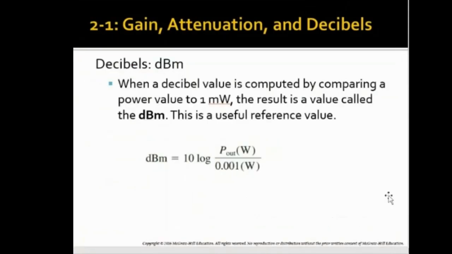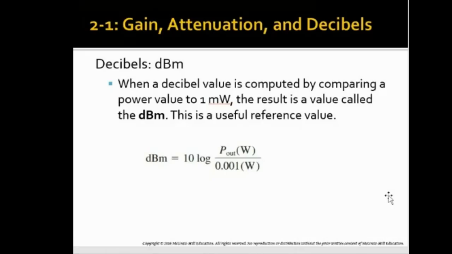Other than decibel, we also have something called dBm. When a decibel value is computed by comparing a power value to 1 milliwatt, the result is called dBm. This is a useful reference value for many systems which have very low power.